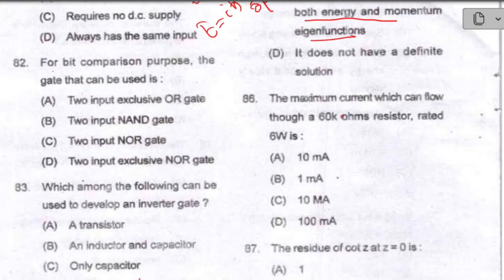Next, 86. The maximum current which can flow through a 60 kilo ohm resistor rated 6 watt. So resistance is 60 kilo ohm and power is 6 watt.